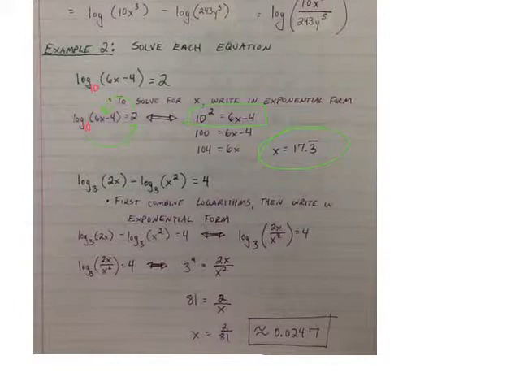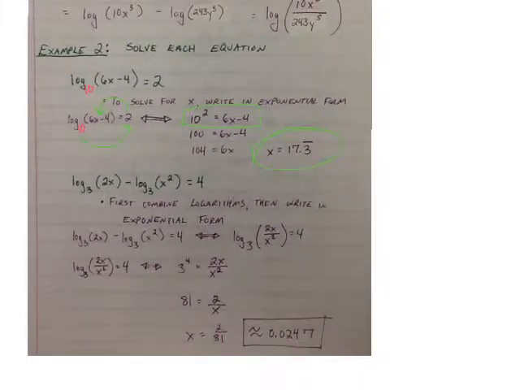The next example below, there are two logarithms, so we should be combining them into a single logarithm using our properties of logs. And make sure we have the same base. So the first thing I did was combine them into a single logarithm. I took the two arguments that are being subtracted and wrote it as a quotient. And now we can do what we did on the last problem, which was write it in exponential form.